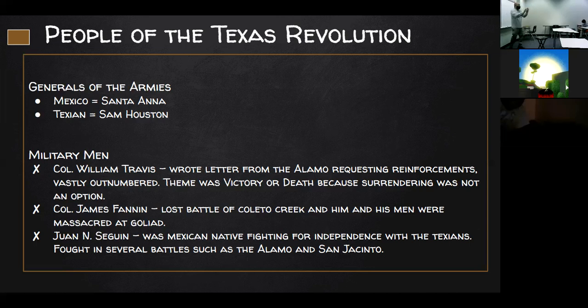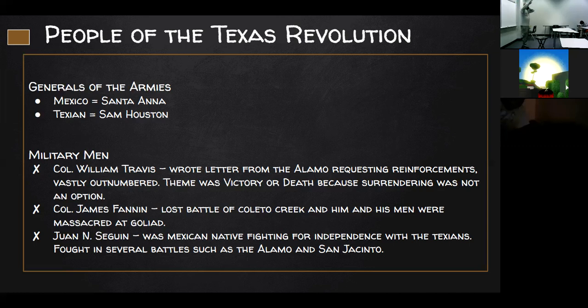Fannin said, we don't want to die. We'll give up. So they surrendered, but guess what happened? They died anyway. They got massacred. Because the way Santa Anna was, everybody always dies. No survivors.